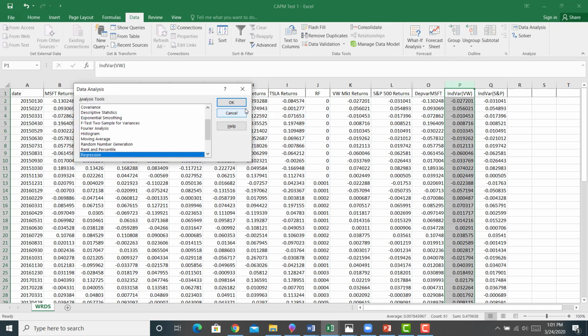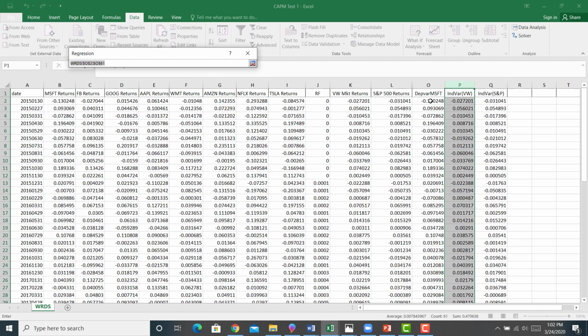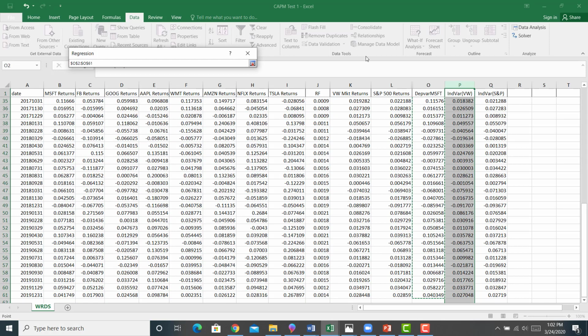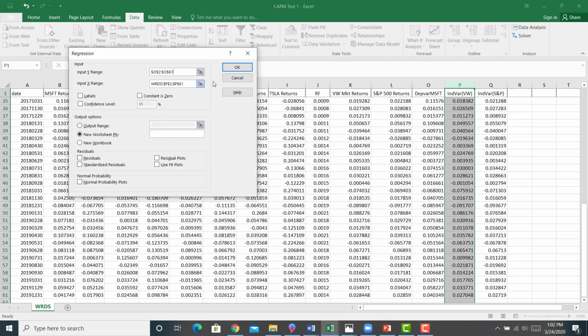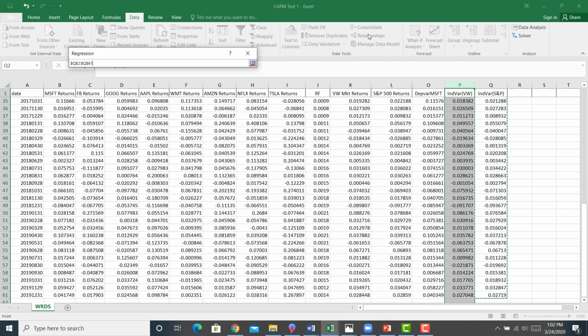Let me run the regression here again. Again, my dependent variable is column O. And my independent variable here, instead of the valuated market return minus the risk-free rate, is going to be the S&P 500 return minus the risk-free rate.